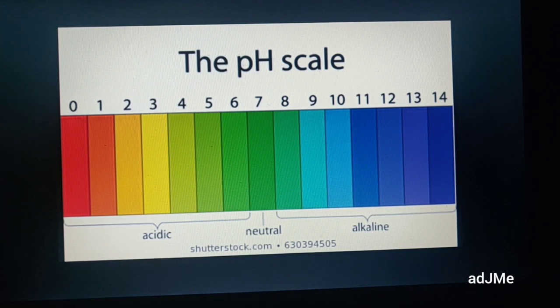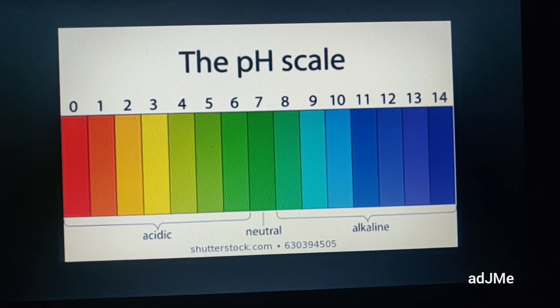Just like you have a number line in maths, we have a pH scale in science, which ranges from 0 to 14.